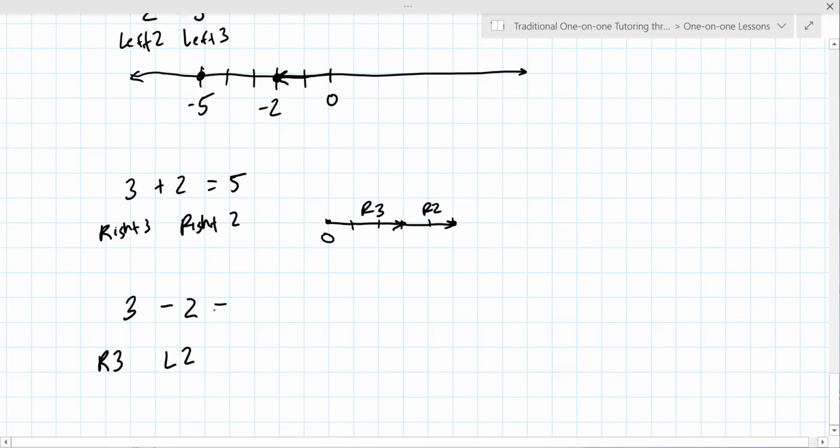But this 3 minus 2 means you're going right 3, 1, 2, 3. But then you're going left 2, so you're going back 2. Do you see that? Okay. So this is 1. Is that helping, or is it still confusing? Hold on.